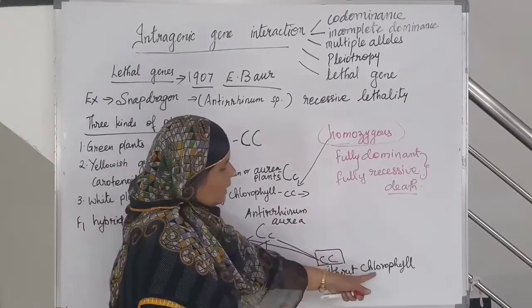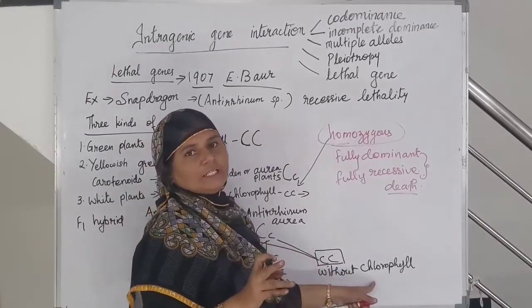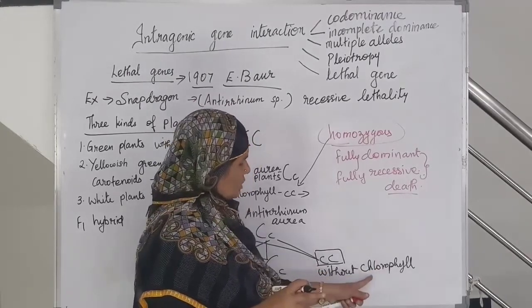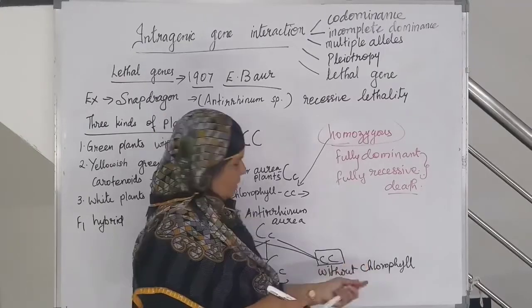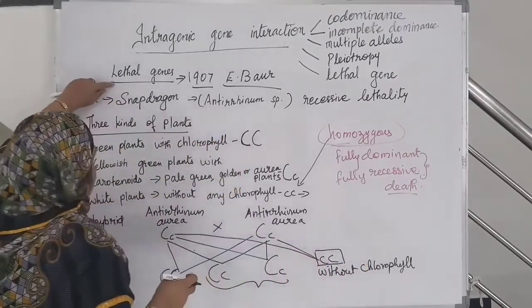Only if the chlorophyll is present can they do photosynthesis. Because of the lack of chlorophyll, they cannot do photosynthesis. That's why before maturity they will die. This type of genotype is why it is called the lethal gene.